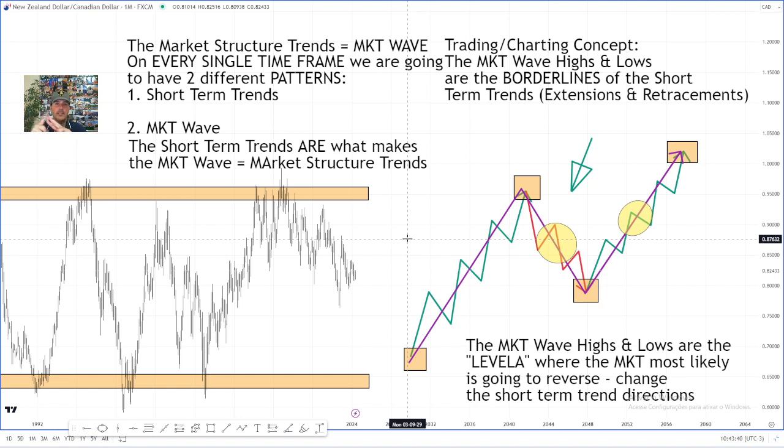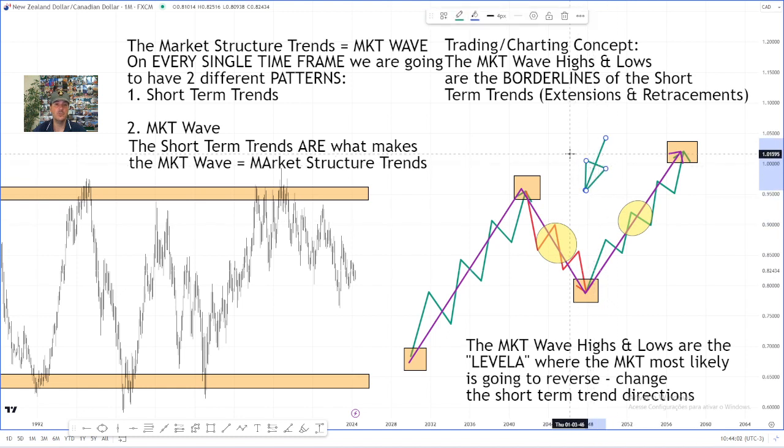You have two patterns happening simultaneously. What changes is whether the market wave is in a retracement or in an extension. But either way, those two patterns are always overlapping and happening simultaneously.